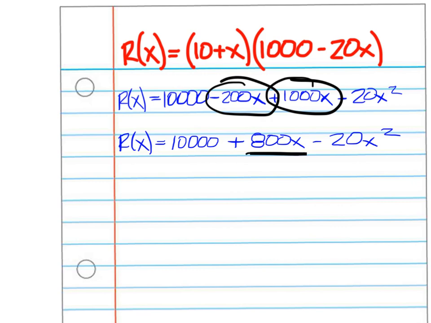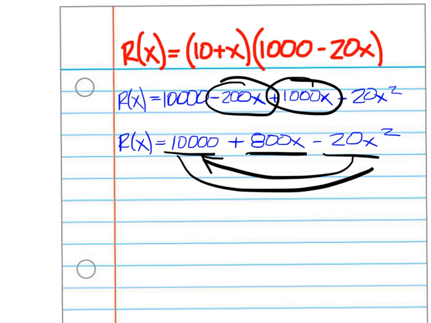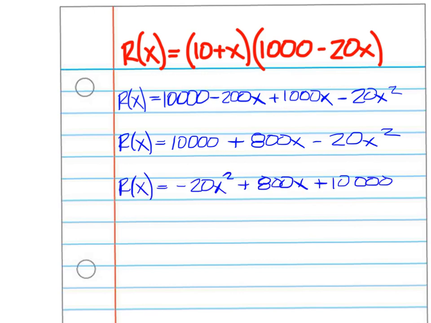In the front, yeah. So we're going to have to trade places here. We're going to have to move this out to the front and then this out to the back to make it look like something that we can use and get information from. So there it is. All we did was trade places with these two. So negative 20x squared plus 800x plus 10,000.